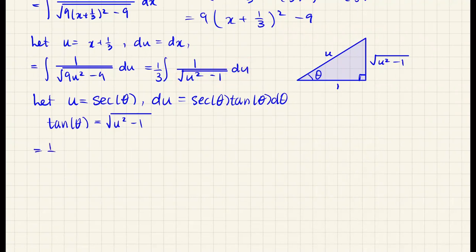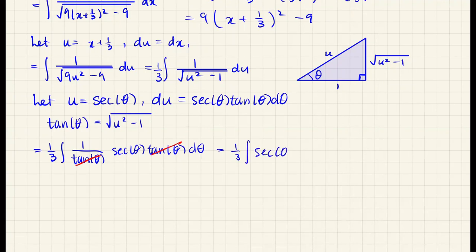So we have 1/3 times the integral of 1 divided by tan theta, multiplied by secant theta tan theta d theta. So we see that the tans will actually cancel out each other, and we would just have 1/3 times the integral of secant theta d theta, which is an integral that we actually computed before.